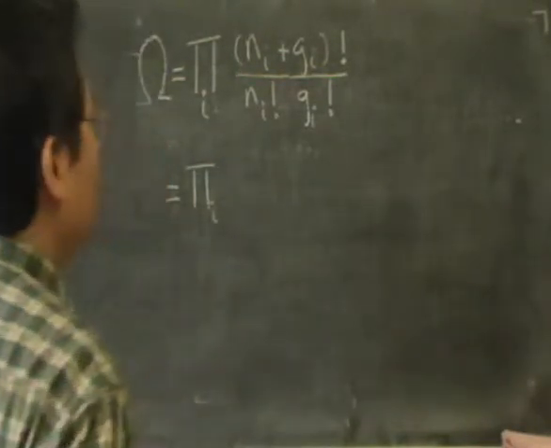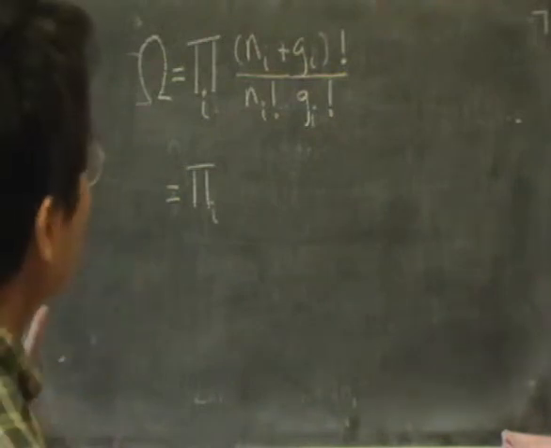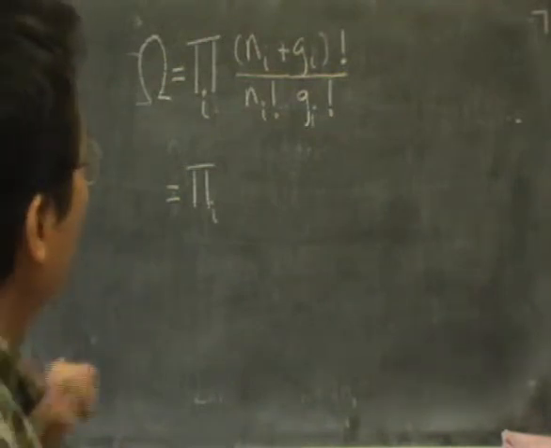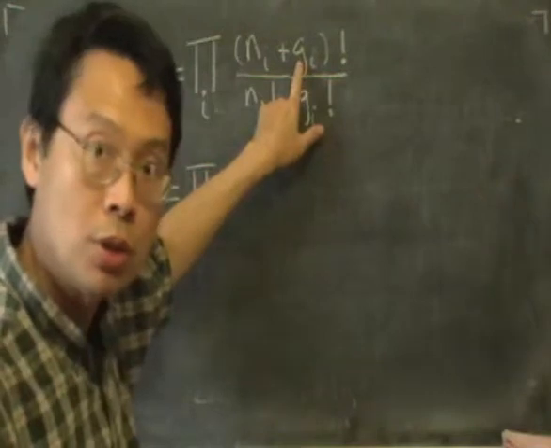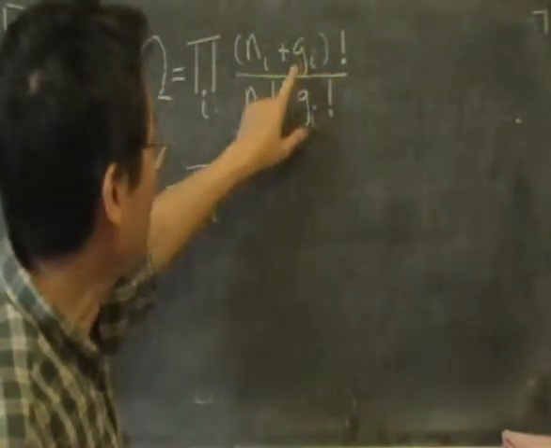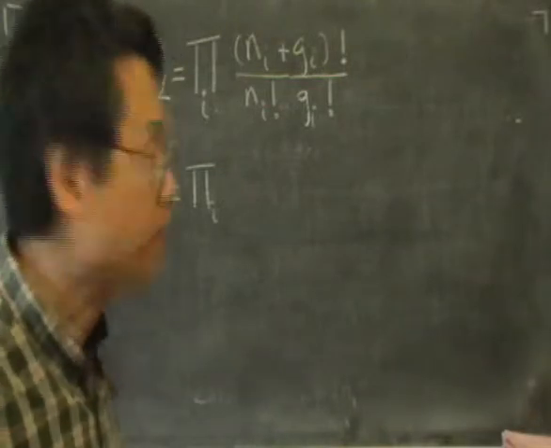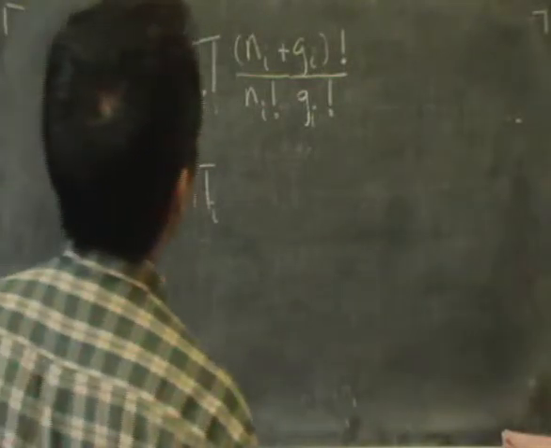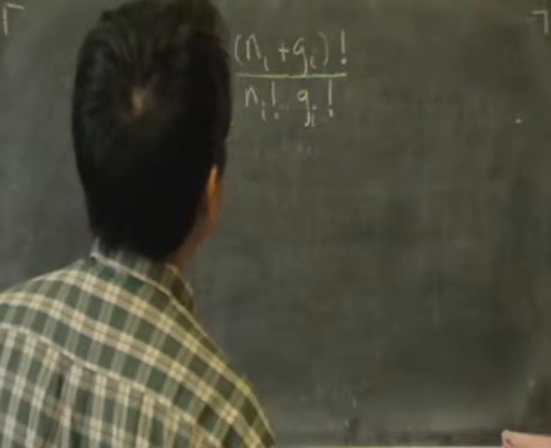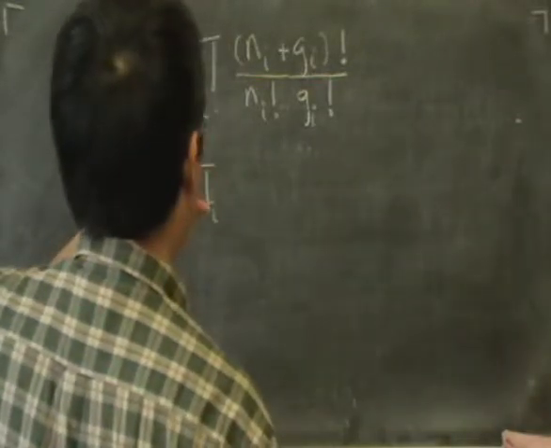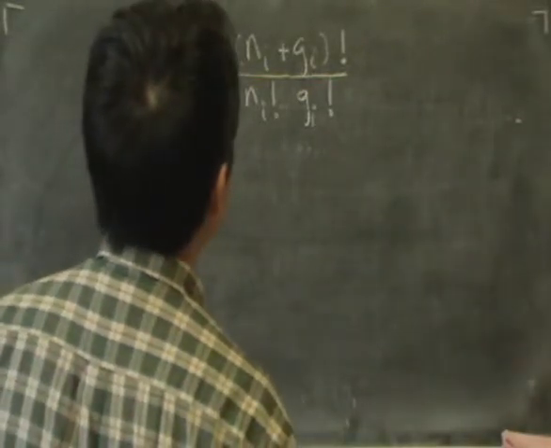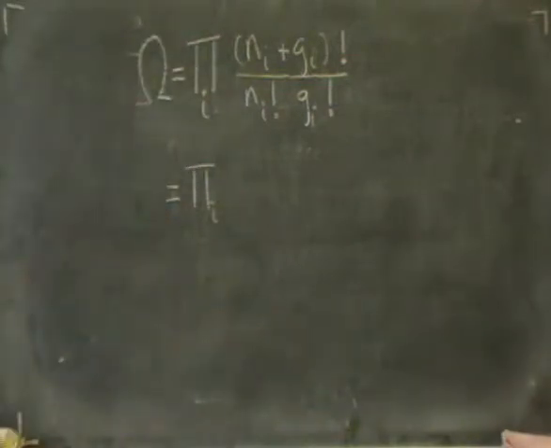Now this is the part where we make use of the property that the number of states g is much bigger than the number of particles. So we're going to do this.